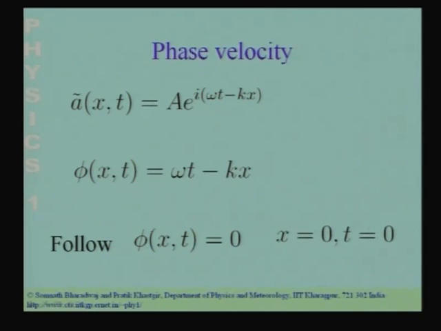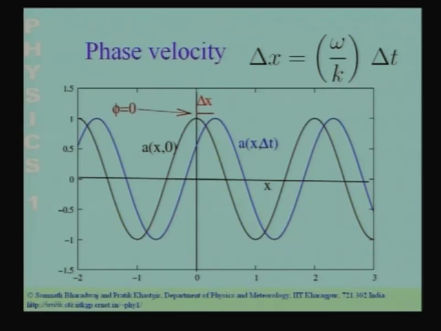So, we will follow the position x where the phase is 0 as time increases from t equal to 0. We know that this point is at x equal to 0 when t is equal to 0. We want to follow the evolution with increasing time. So, this graph allows us to follow the motion of the point where the phase is 0.